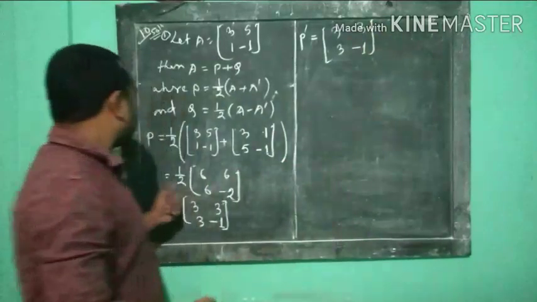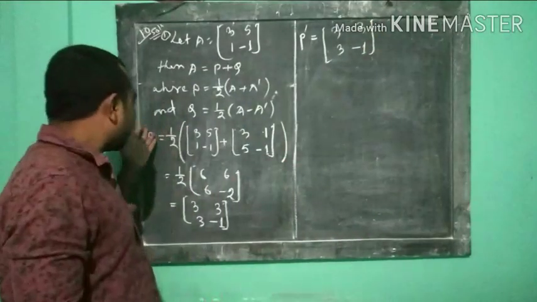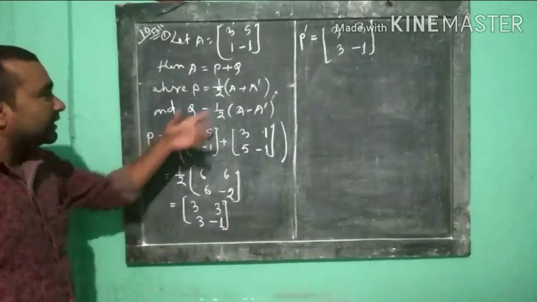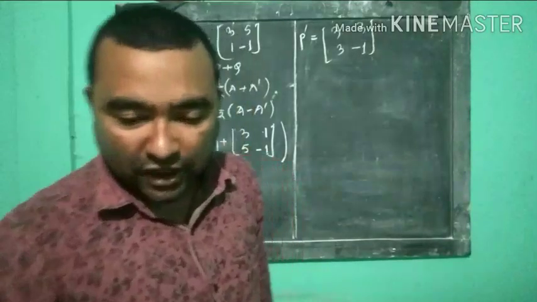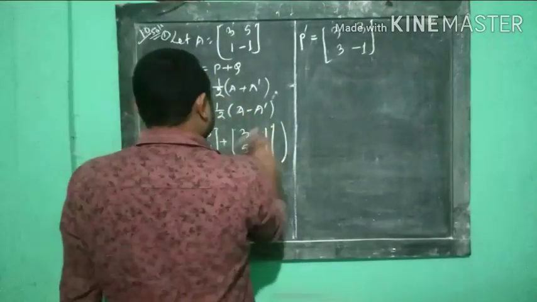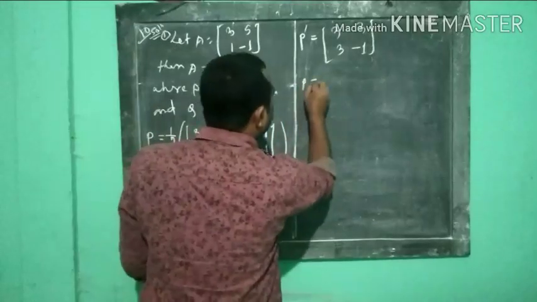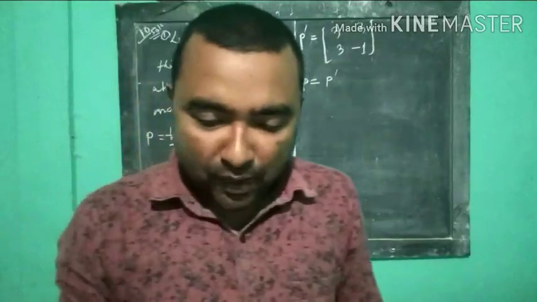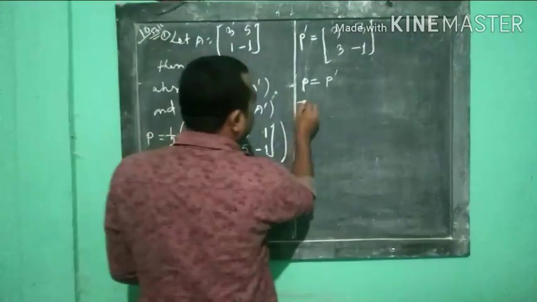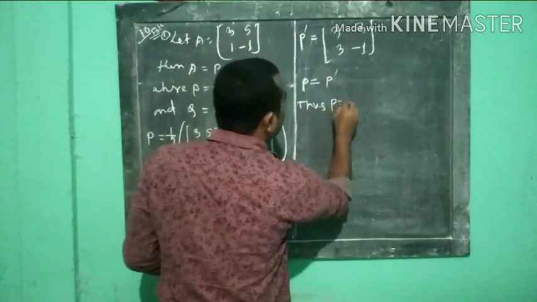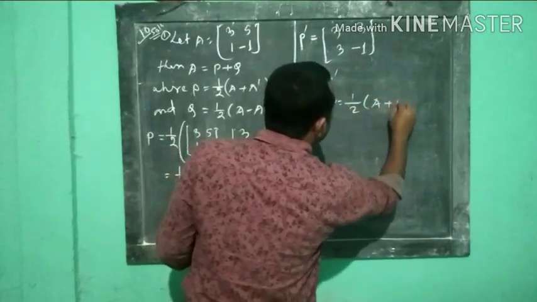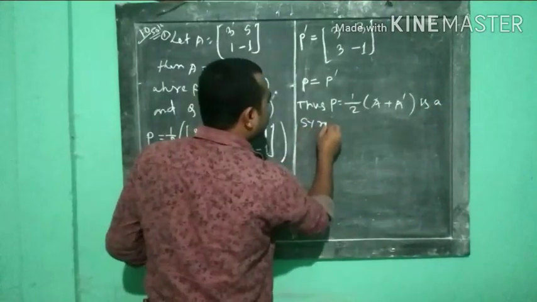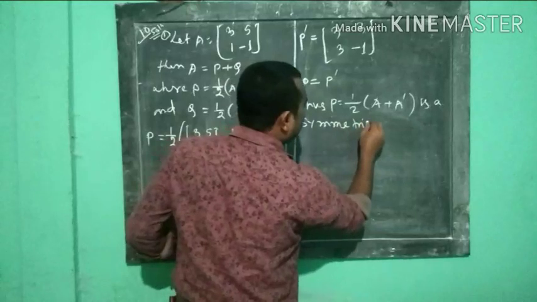We see from this equation and from this equation that it is clearly seen that P equals P transpose. Since P equals P transpose, this is a symmetric matrix. Thus P equals half of A plus A transpose is a symmetric matrix.